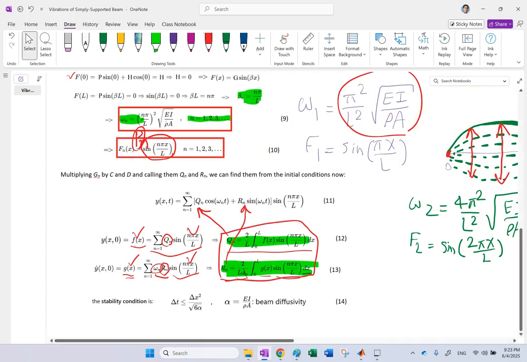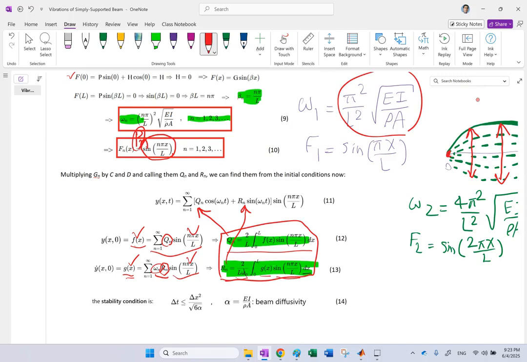Now, of course, your analytic solution can have infinitely many terms, or it could have only one term. That depends on whether this f of x has any overlap with these mode shapes or not. If it exactly matches one of them, then that one will be non-zero and the rest of them will be zero. But if this f of x is any other function other than these mode shapes, then these Q's and R's, especially the other Q's, will not be zero.